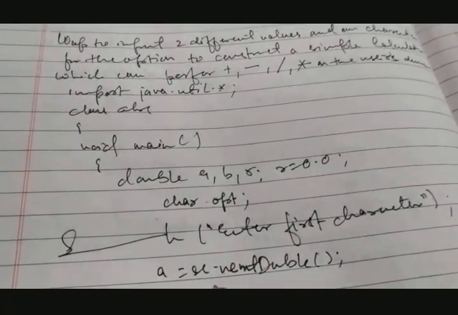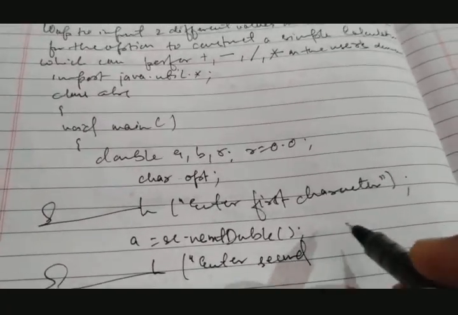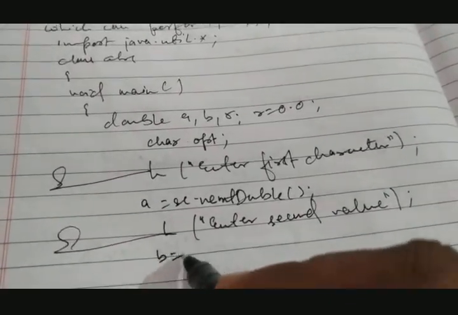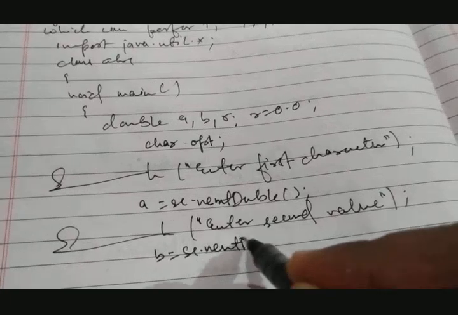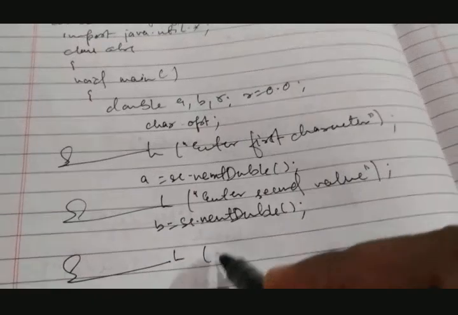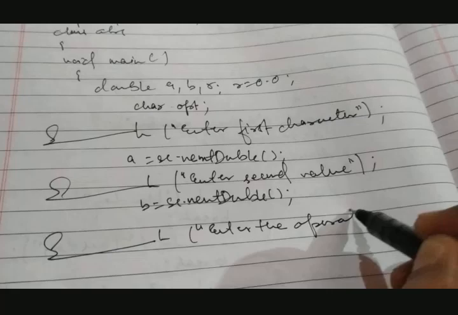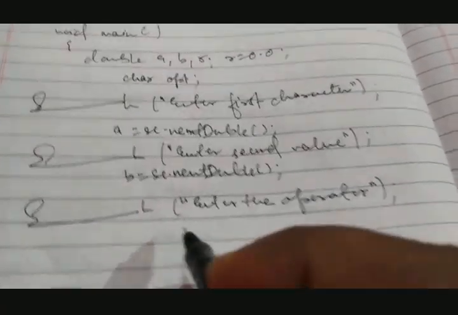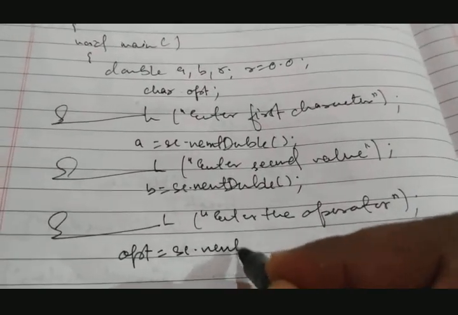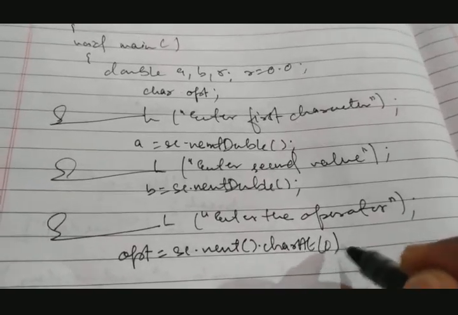So println, enter second value, b equals sc.nextDouble. So println, enter the operator, opt equals sc.next method dot charAt 0.